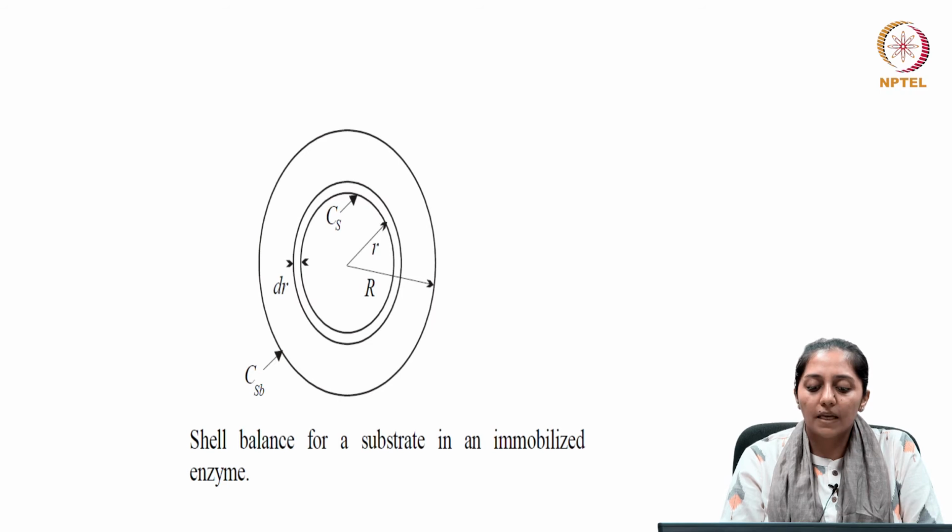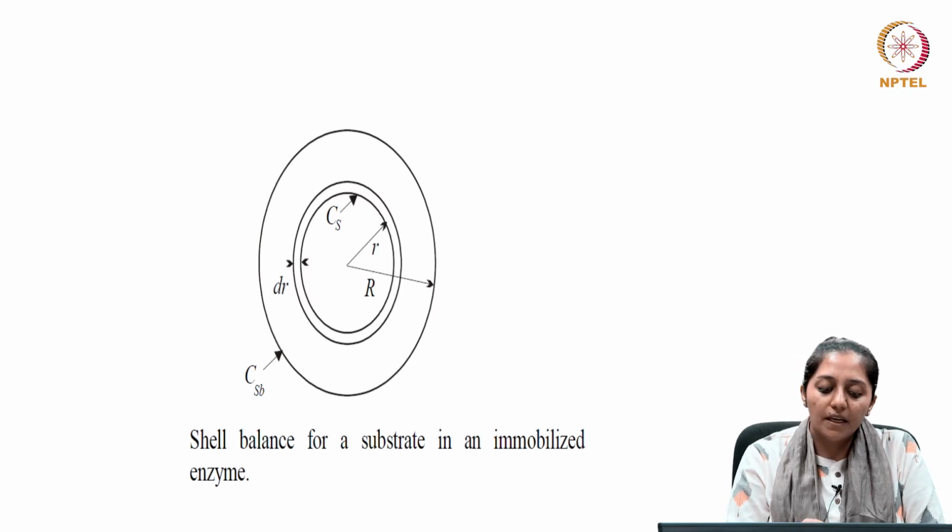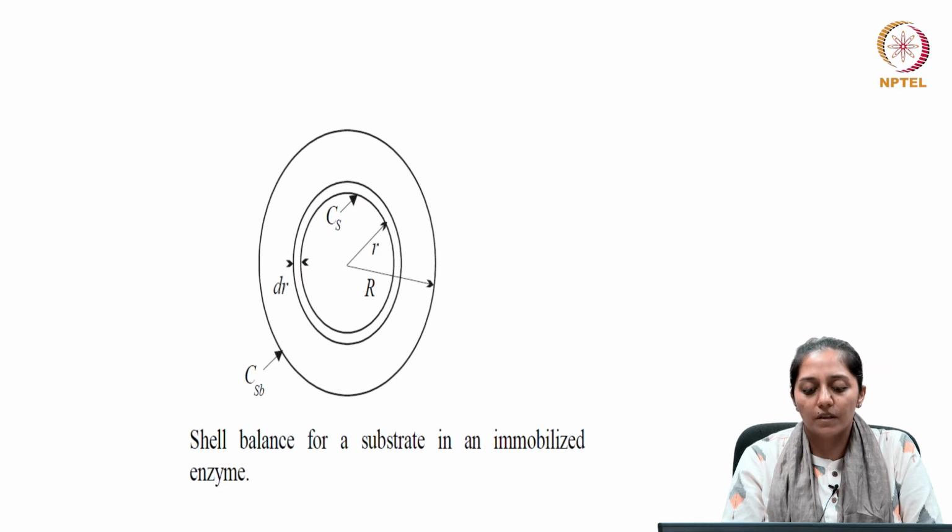We can assume that CSB is the bulk substrate concentration at the surface and CS is the substrate concentration at the surface of the shell.